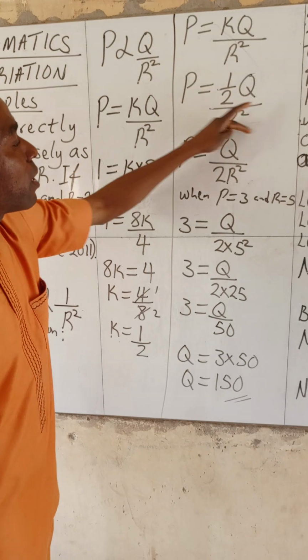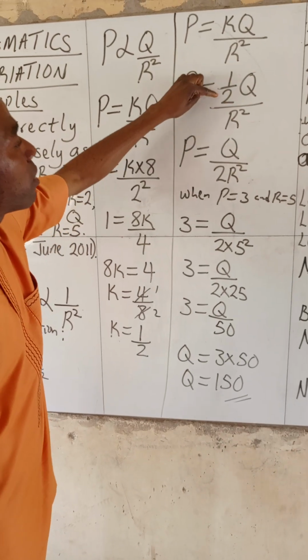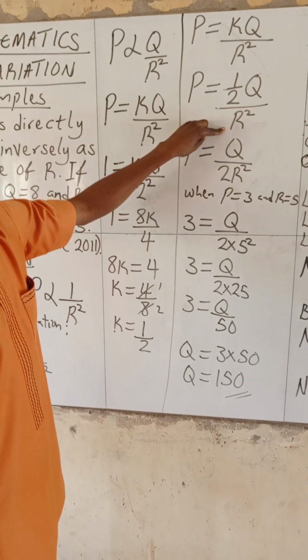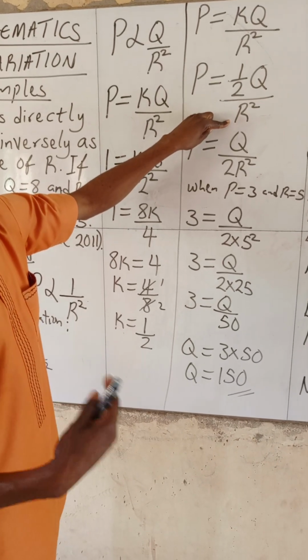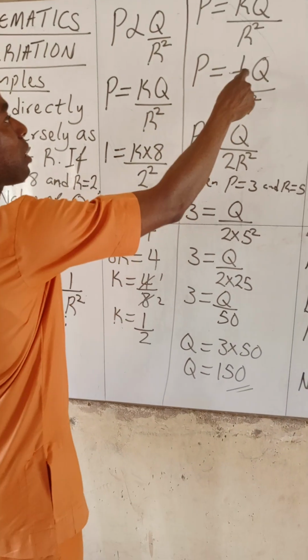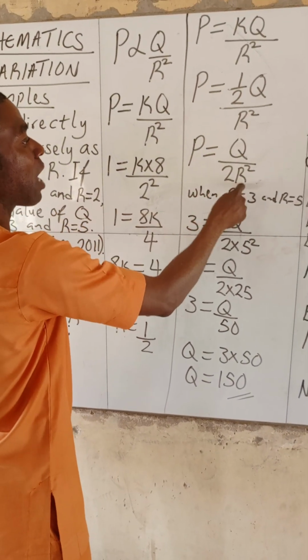When we get to this extent, anytime we have something like this, just push the 2 down. This is how we can solve this quickly. So we now have Q over 2R squared.